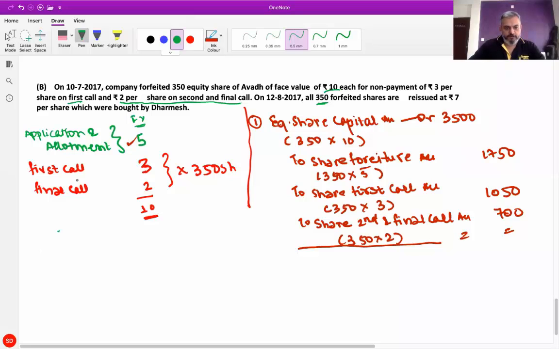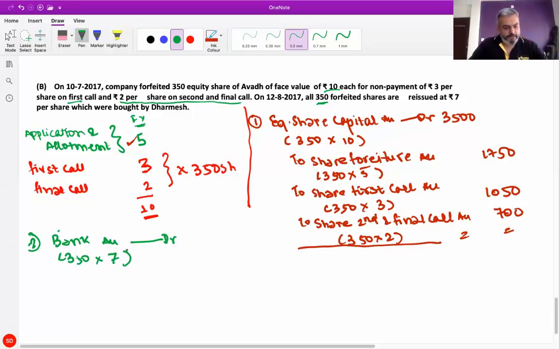Next, second, now we reissue the shares. So bank account debit, 350 shares into 7 per share, 2,450.